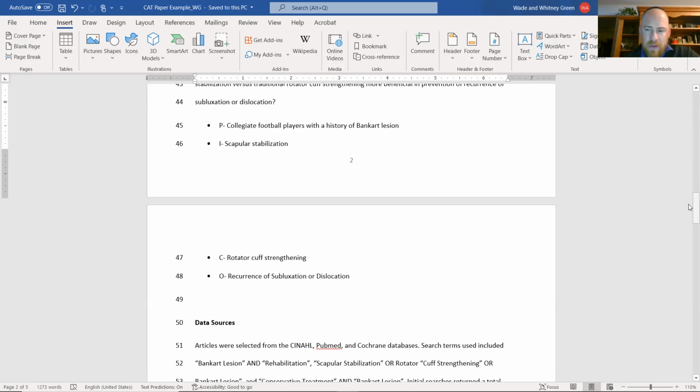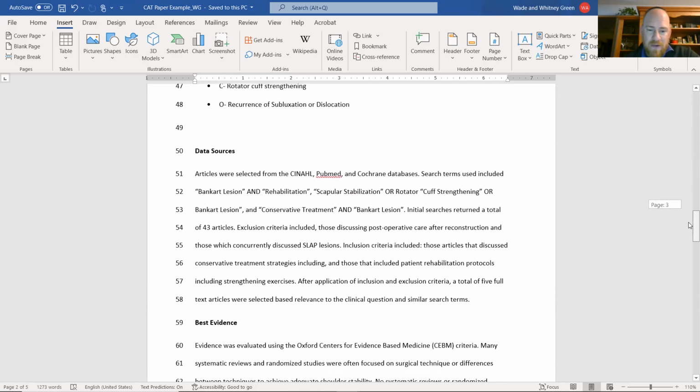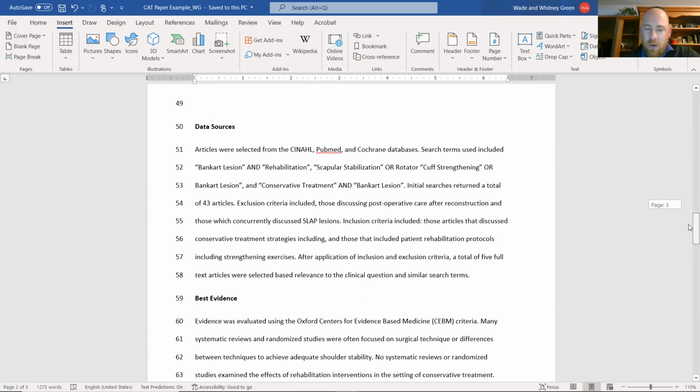Okay, so now I go into my data sources. Okay, and when you guys are gathering all your data for this, here's what I want you to do. So in this example, I say that I searched the CINAHL, PubMed, and Cochrane databases.